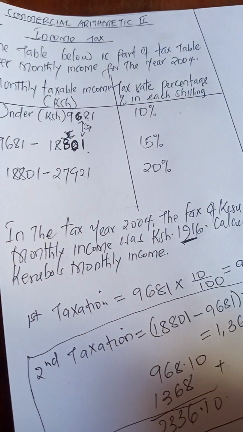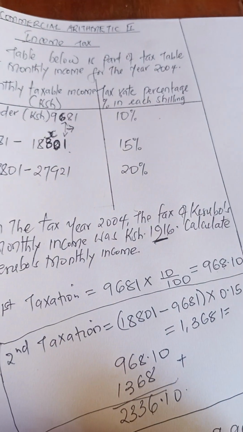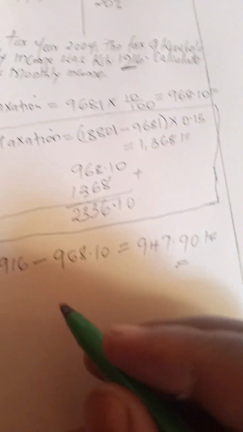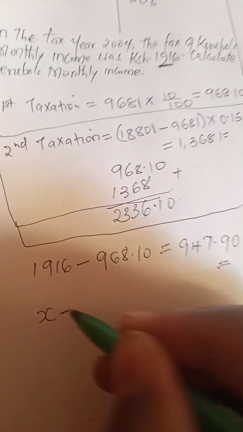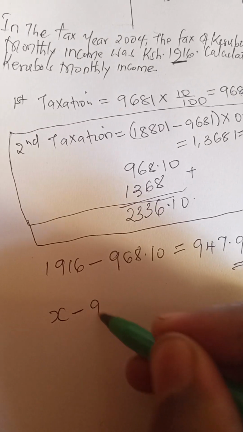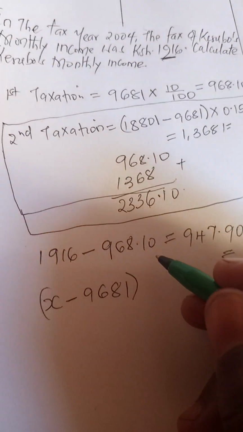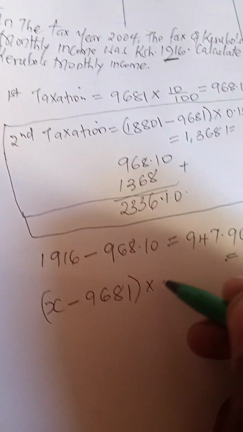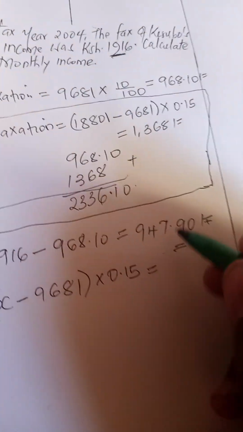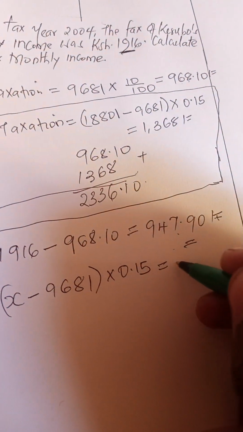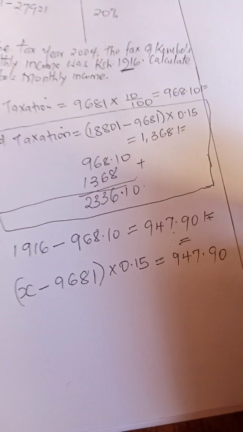If I am supposed to form an expression for x, then I will say that x minus 9,681, multiplied by 15%, which is 0.15, should give me the remaining tax, which is 947 and 90 cents.